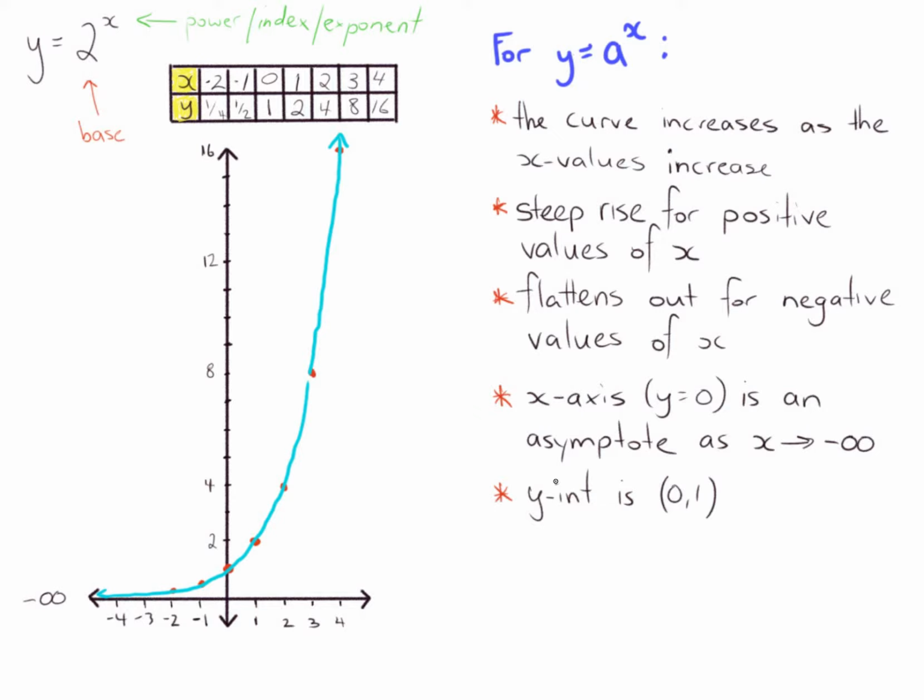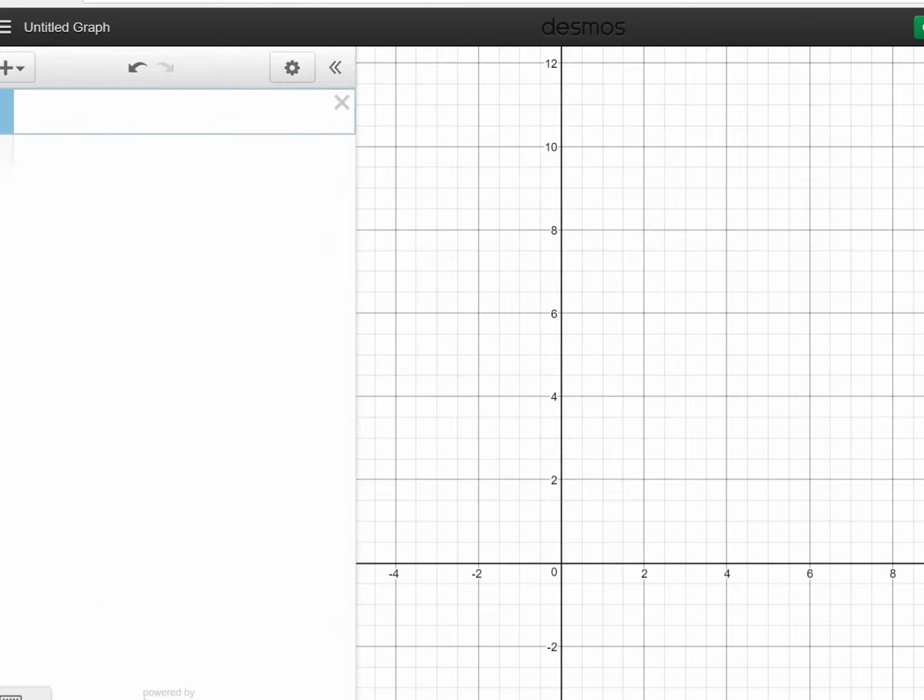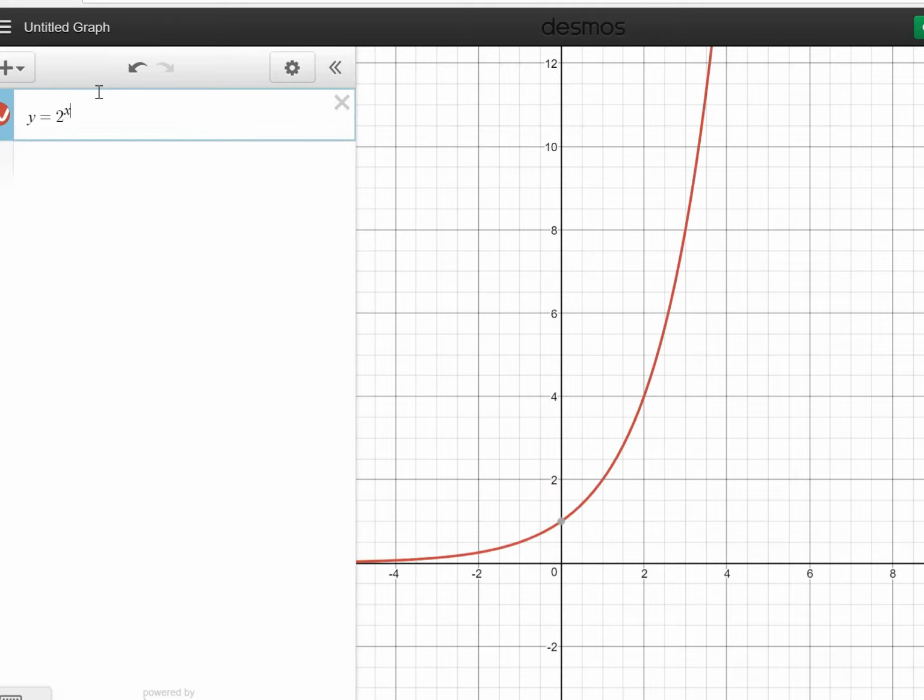Let's go and have a look at Desmos now and see how exponential graphs can change as we change some of the variables. Let's start with y equals 2 to the x, the graph that we drew before. But what happens if we change the sign of our power?